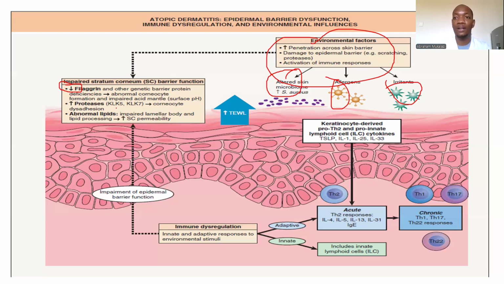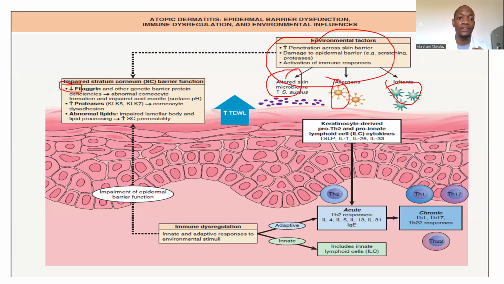What they do is that they cut the proteins that are supposed to keep the corneocytes together. So at the end of it all, the corneocytes are easily separated, causing channels which can allow allergens and irritants to go through the skin easily.